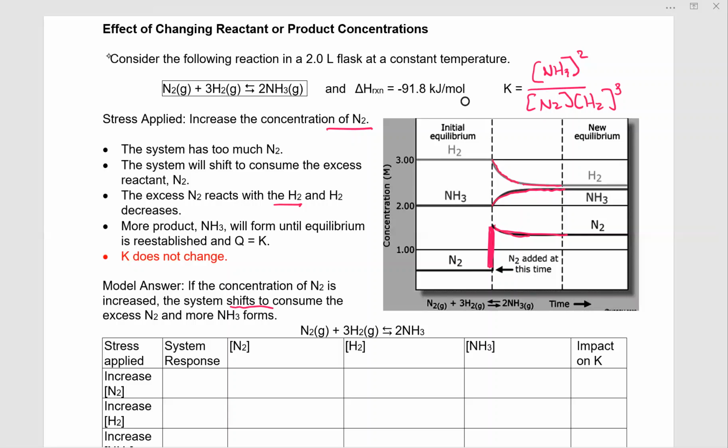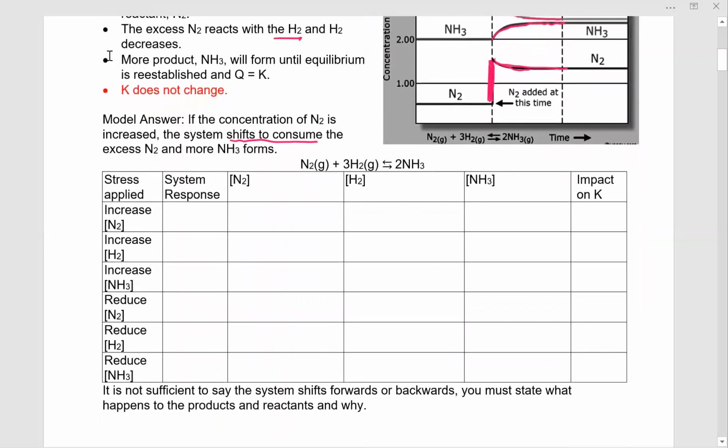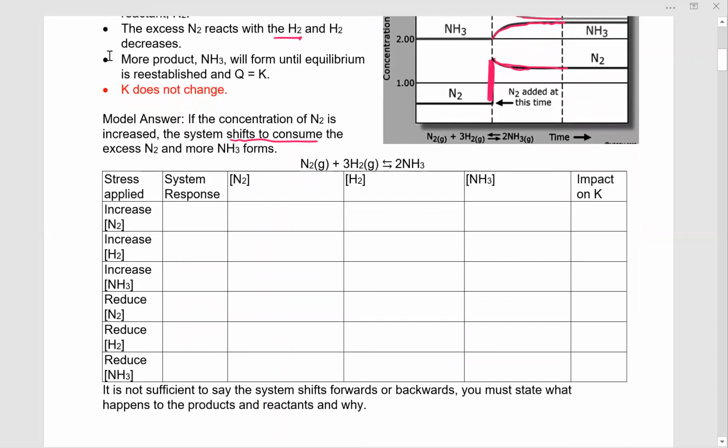So shifts to consume. Now we're going to go through a table for applying various stresses to the nitrogen, hydrogen, ammonia equilibrium. For the system response, we're going to show which way the equilibrium shifts simply by drawing an arrow, and then we're going to talk about what happens to the concentrations of the various species. So we've already done increase in N2, that's what we just did. The system shifted forward.